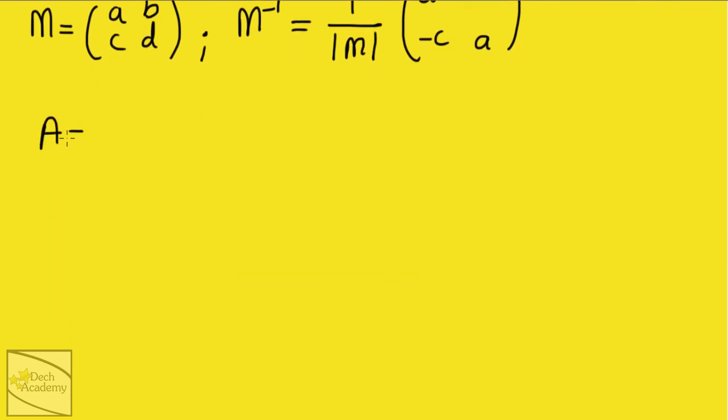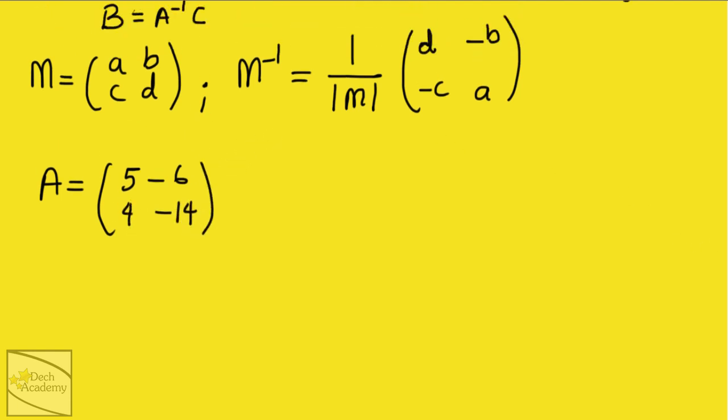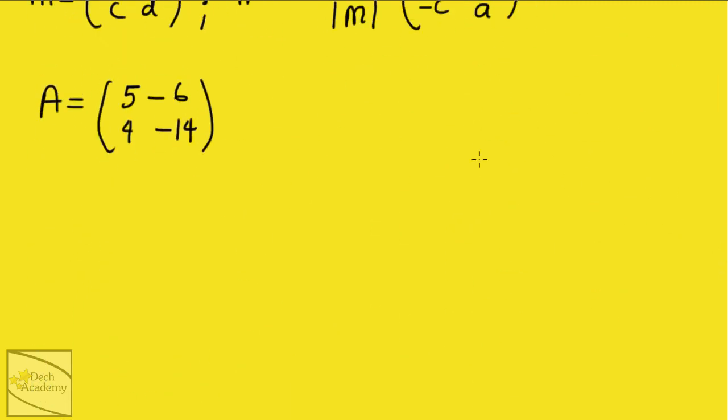I'll rewrite this so it looks better: 5, minus 6, 4, and minus 14.